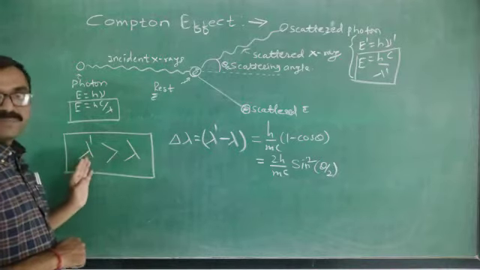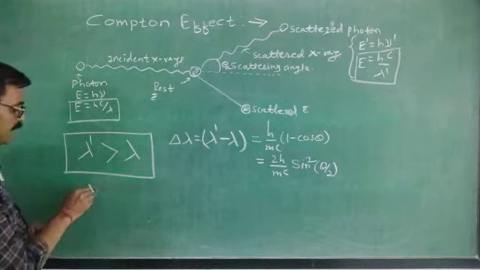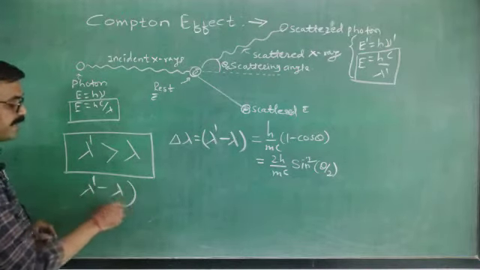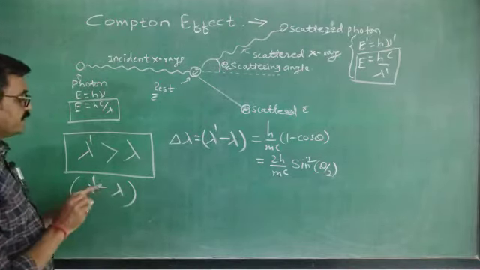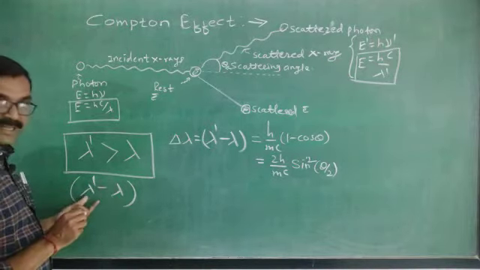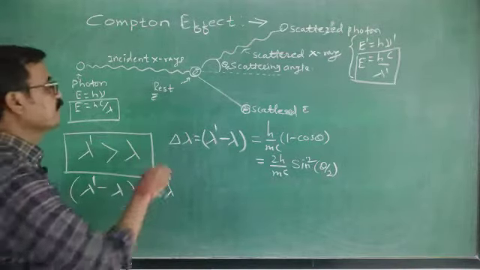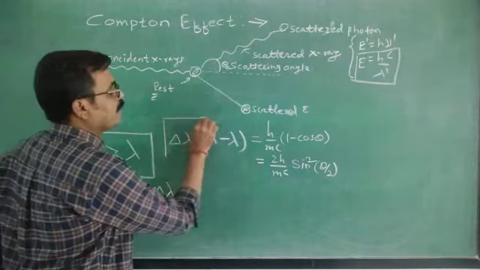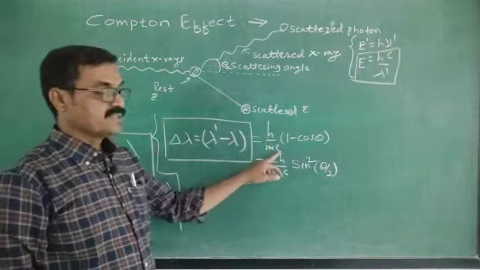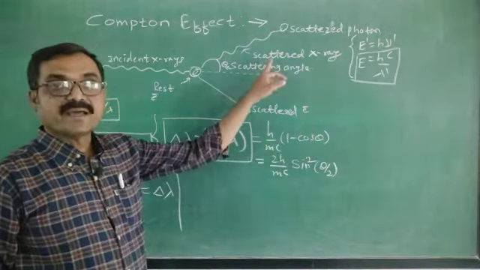Now the difference lambda dash minus lambda, the wavelength of the scattered light minus the wavelength of the incident light, because this is small, this is greater, is called the Compton shift, and it is given by delta lambda equals lambda dash minus lambda, and further it equals h upon mc into 1 minus cos theta, where theta is the angle of scattering.